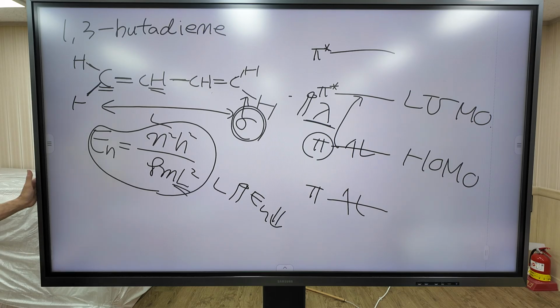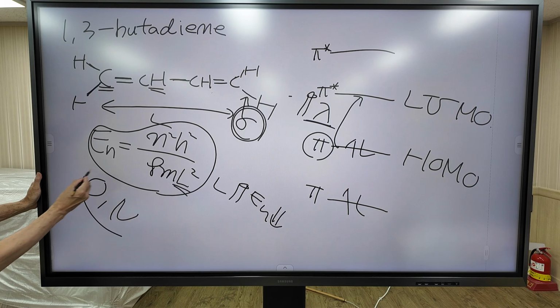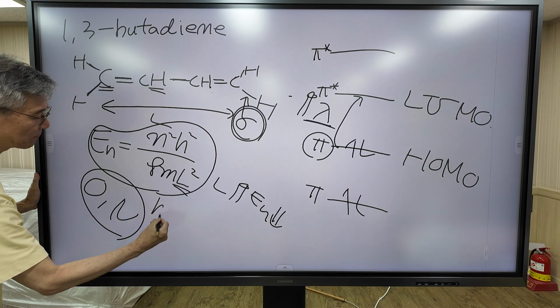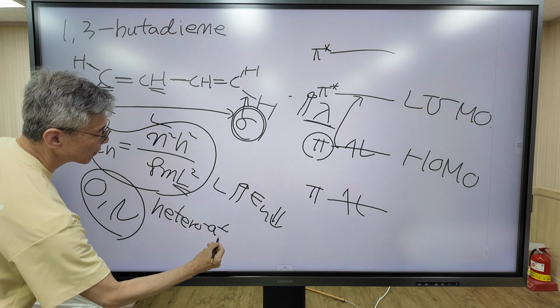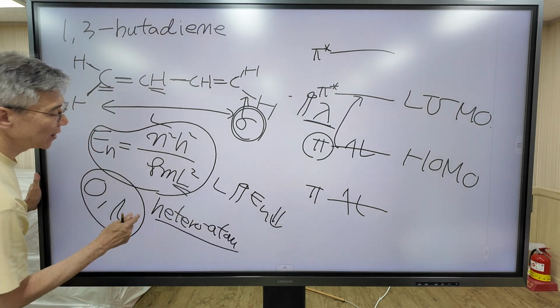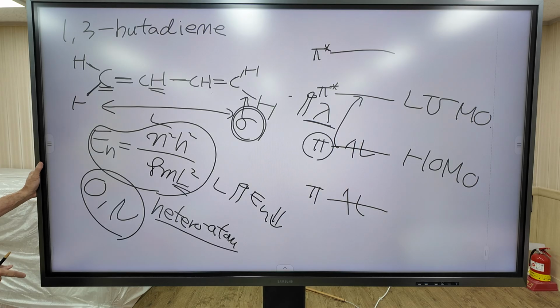But some organic molecules contain other than carbon and hydrogen, such as oxygen and nitrogen. In organic chemistry, these atoms are called heteroatoms. When organic molecules contain heteroatoms, a special type of molecular orbital appears, non-bonding orbitals.